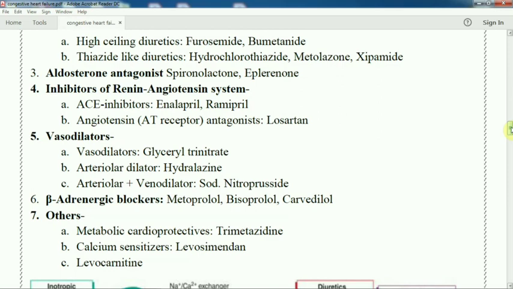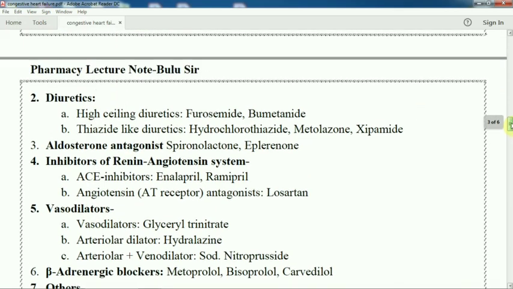Beta adrenergic blockers, and others: metabolic cardioprotectives, calcium sensitizers, and levocarnitine. So these are the drugs which help in congestive heart failure patients.